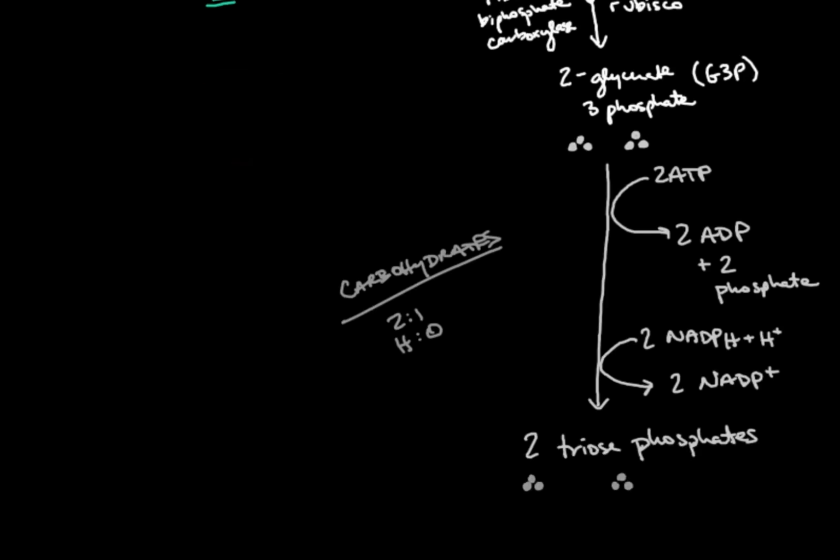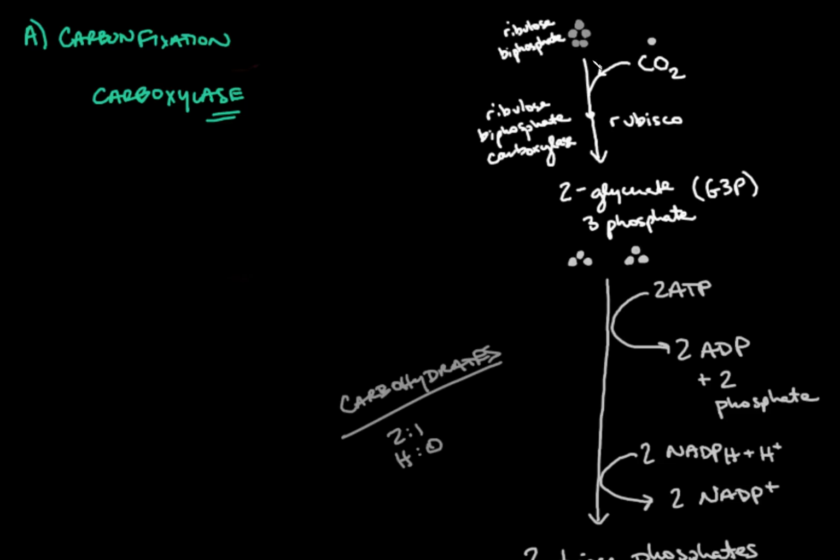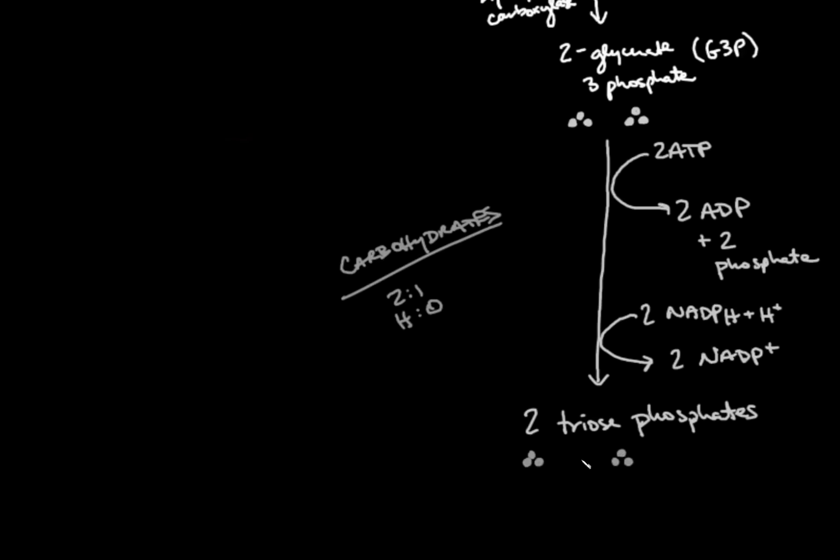If these 3 carbons went into C6H12O6, then we would run out of the reactant unless somehow the plant was able to make it. And that's really what we're talking about, that these are not all used for making carbohydrates. Only a small part of them are, and the rest of it's regenerating into the ribulose biphosphates.